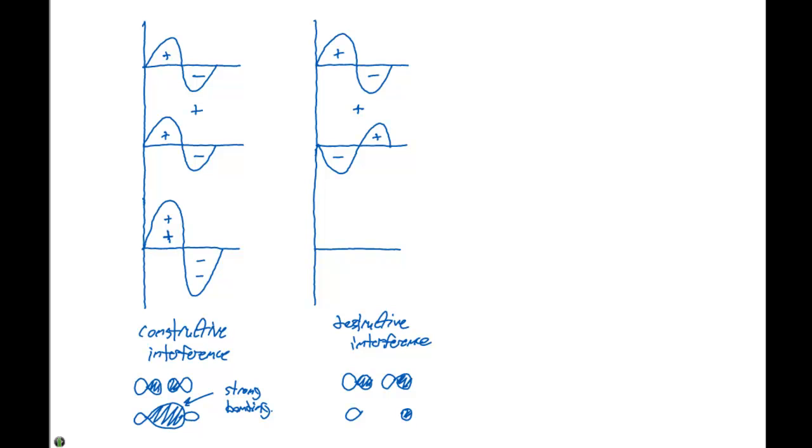So we can characterize this: on the left-hand side, we have a bonding interaction, and on the right-hand side, we have an anti-bonding interaction.